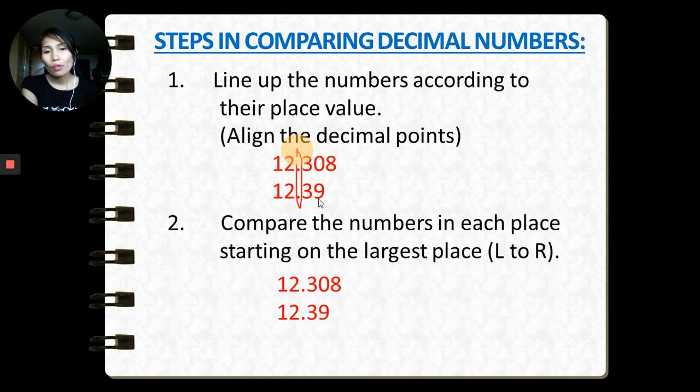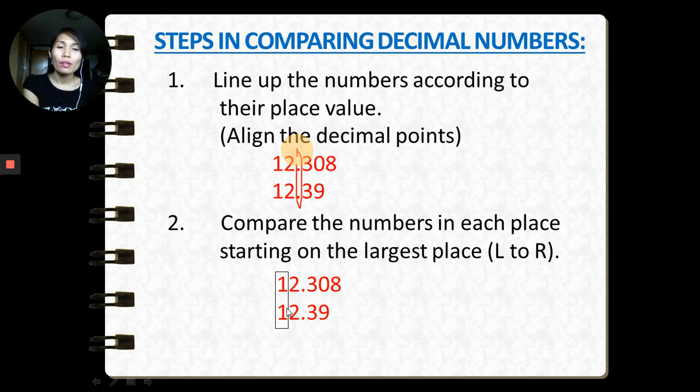Next, compare the numbers in each place starting on the largest place. Again, as I've said a while ago, the largest place is on the left side. So that means when you compare numbers, you start from the left going to the right. So in this case, we already aligned the decimal points. That means they are already aligned according to their place value.